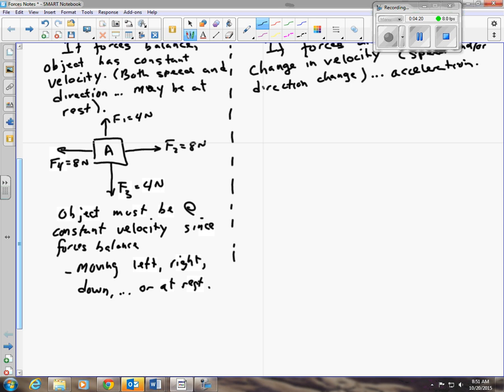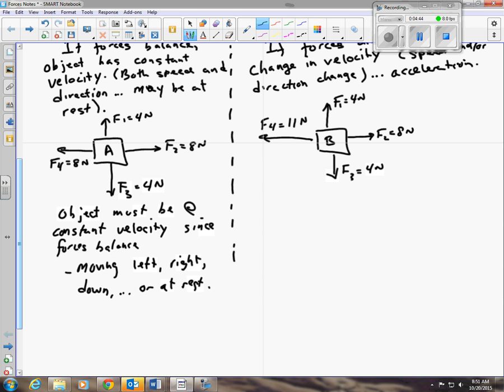Now, if I draw a similar object, call it B, then force 1 is 4 newtons, force 2 is 8 newtons, force 3 is 4 newtons. Instead of 8, force 4 is 11 newtons.